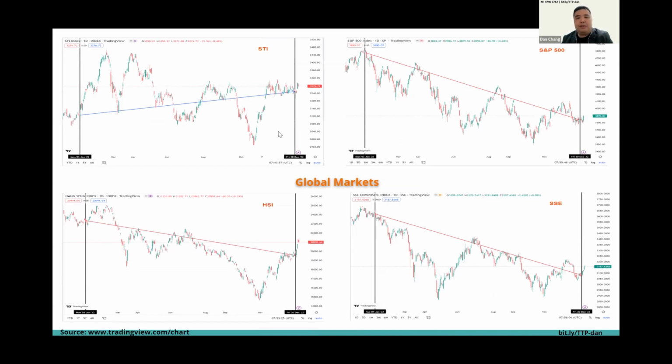As you can see, this is the chart for the year 2022 of some of the major global markets that most investors have been looking at, primarily the US S&P 500, the Hang Seng, and the Shanghai Composite Index in China. For 2022, the S&P 500 registered a loss, and so did the Hang Seng and the Shanghai Composite Index. The Singapore market, the STI, actually managed to clock in a small gain.